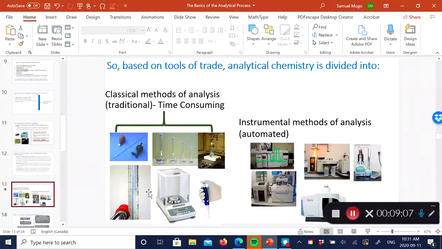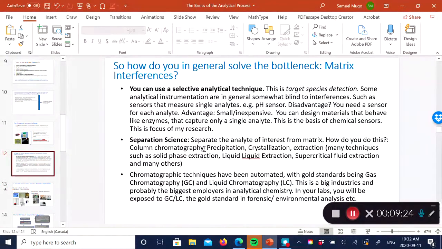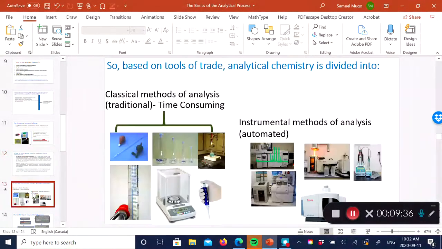That's how we used to do detection of chemical analysis before the advent of instrumental methods, which only happened actually in the 1950s. So before then, people used to do a lot of classical methods of analysis. But even things like precipitation, things like crystallization, even things like liquid-liquid extraction, a fairly wet chemistry technique, they fall in the realm of classical methods of analysis, okay?